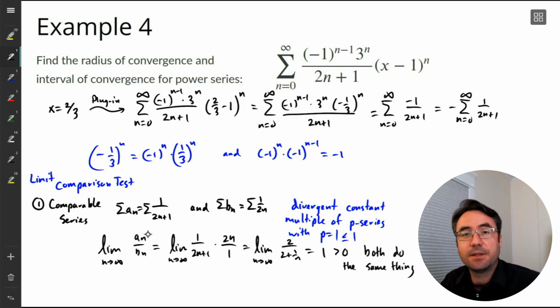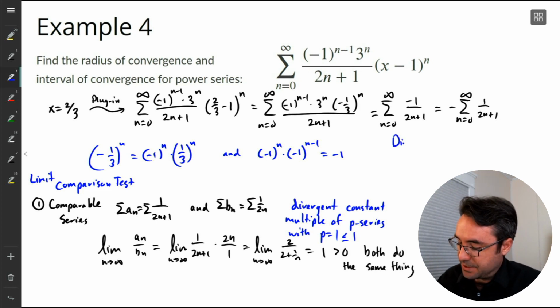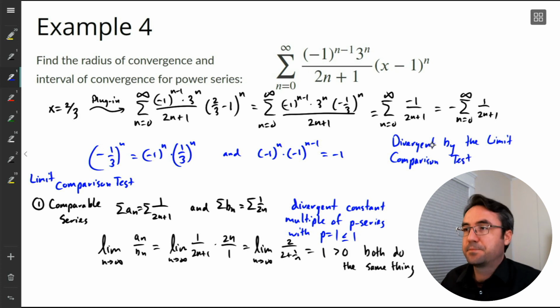If you calculate the limit of an over bn and you get something that's not 0, then they both do the same thing. So in this case, sigma bn here, our comparable series, is divergent. That means sigma an here, the one we were actually interested in, is divergent as well. So this is a divergent series.